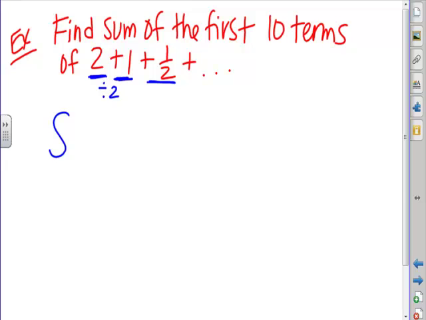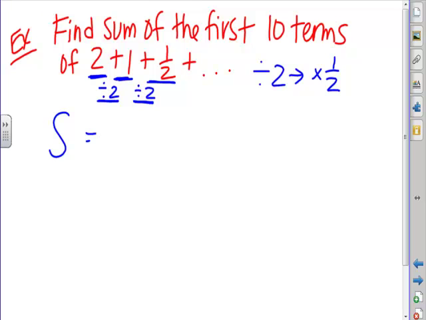Then to go from 1 to a half, oh yeah, I divide by 2 again. So this is a geometric sequence. Now I'm talking about it in terms of division here, but we do want to talk about the common ratio, and in this case, we are actually multiplying by a half. So when we divide by 2, it's the same as multiplying by 1/2, because that's how we're going to talk about a common ratio.